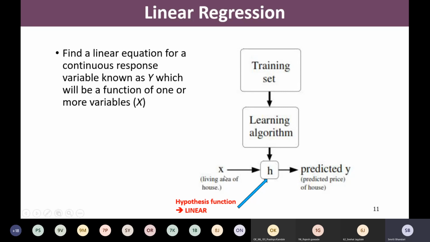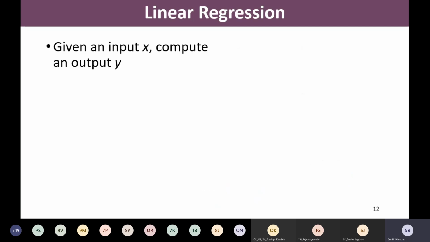If x is one variable or one feature, then we say that it is simple linear regression. If my input x is a feature vector having more than one feature, then we say that it is multiple linear regression.